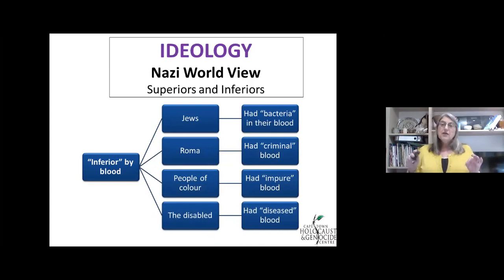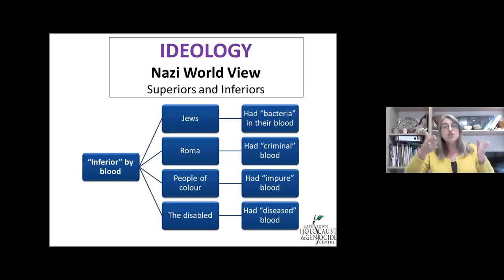So, grade 9s, I need you to understand that for the Nazis, they believed that it was in your blood, which is why, although there were Jewish people in Germany who looked like everybody else, many had blonde hair and blue eyes, many looked like their neighbors.